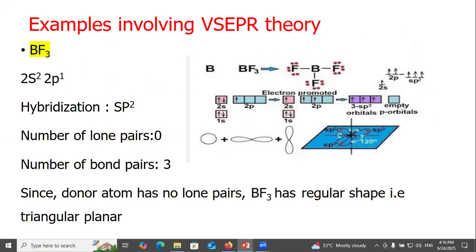Examples involving VSEPR theory. BF3: hybridization sp2, number of lone pairs 0, number of bond pairs 3. Since the central atom has no lone pairs, BF3 has regular shape, that is triangular planar.